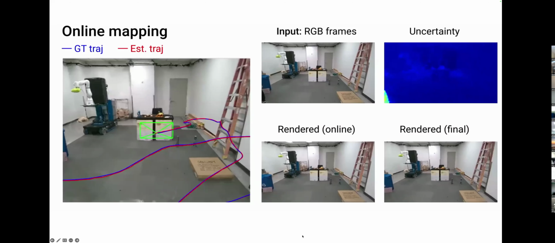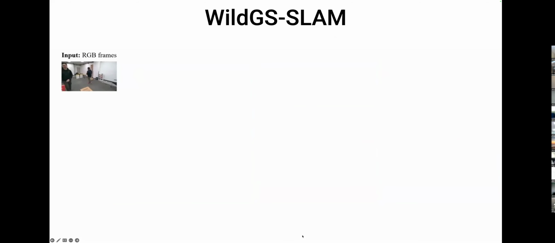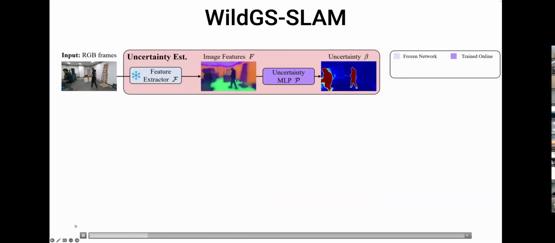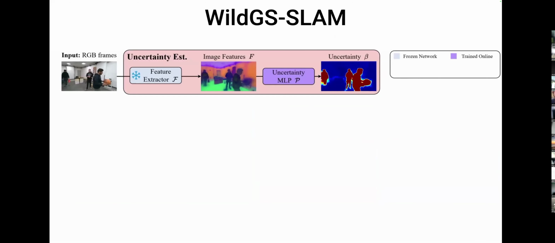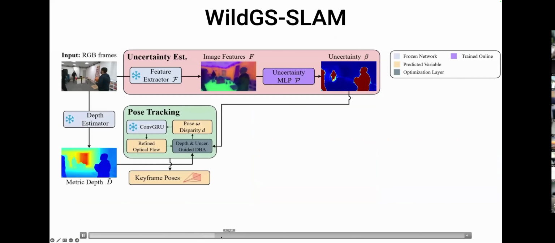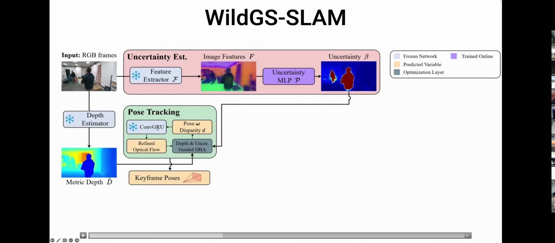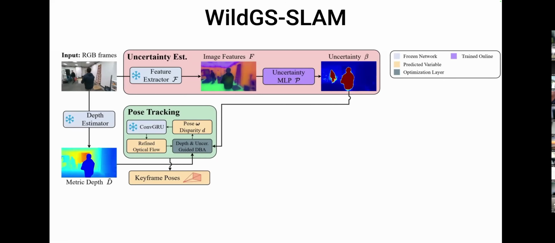So yeah, the pipeline is straightforward, as you can see here. This part is very similar: extract the DINO feature, get the uncertainty. And then the difference is that now we have an additional pose tracking module, which, if you look closely, is very similar to an amazing work called WildGS-SLAM.